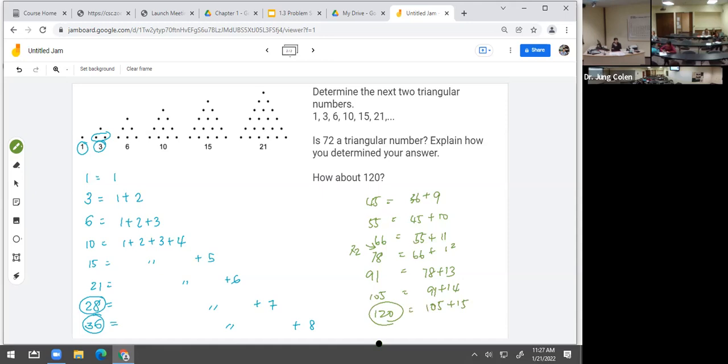So have you thought about finding a rule instead? That could be another idea too, right? So I want you to think about the rule by considering this. What I'm saying here is, I want you to consider each term as a triangular number.